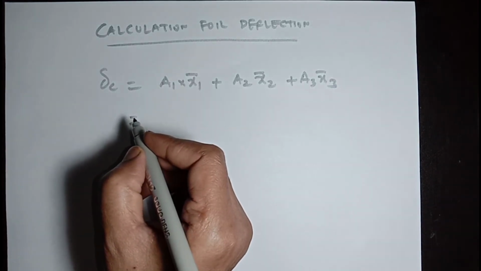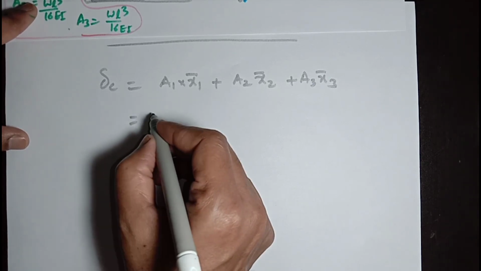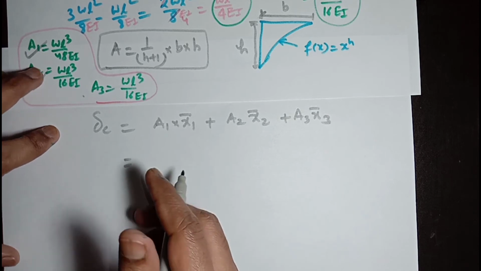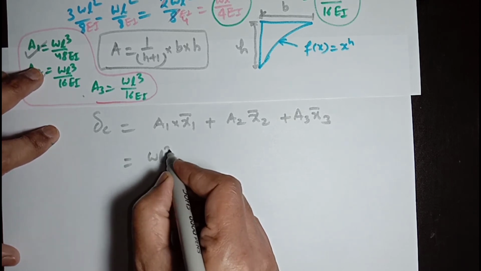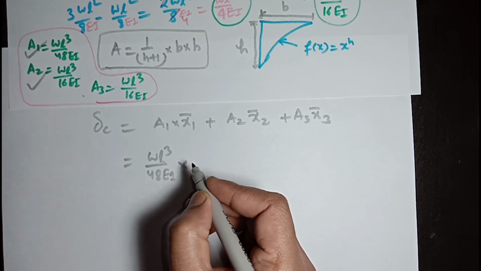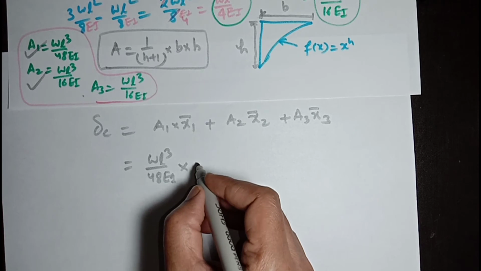In place of A1 we will put WL cube divided by 48 EI and multiply with the value of x1 bar, which is 3 divided by 8L.